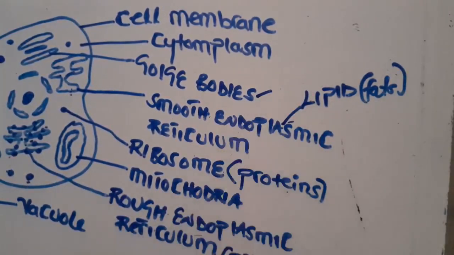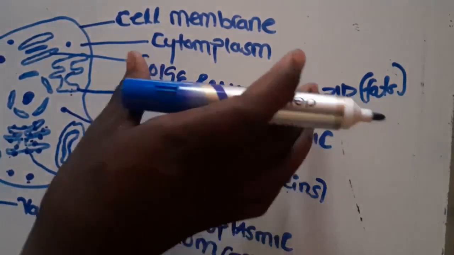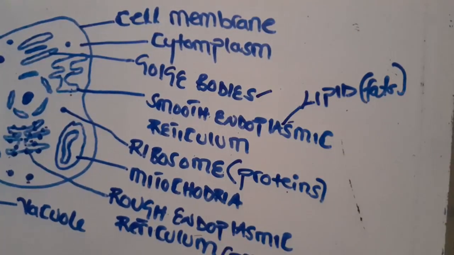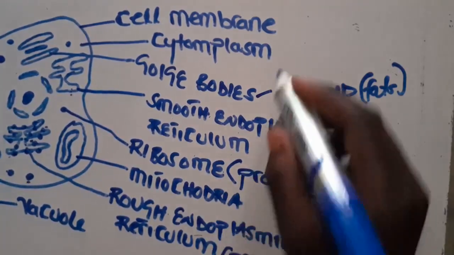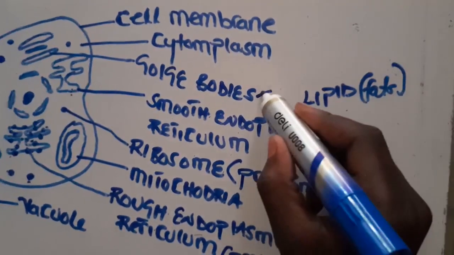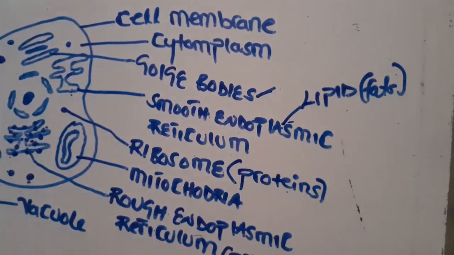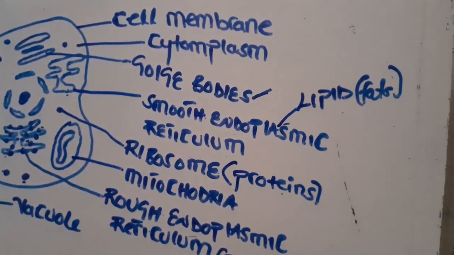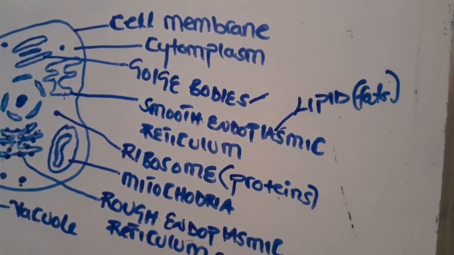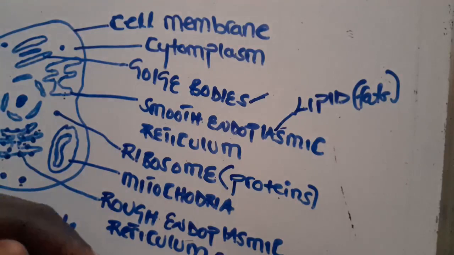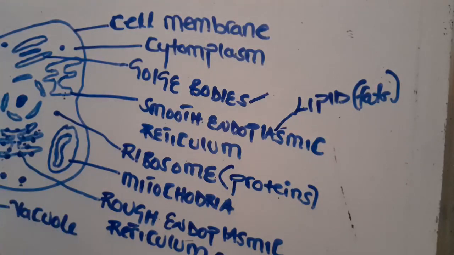Now what happens when these proteins reach the Golgi bodies? The function of the Golgi bodies is to change the shape of these proteins, and upon changing the shape, they transport them to the area where proteins are needed.